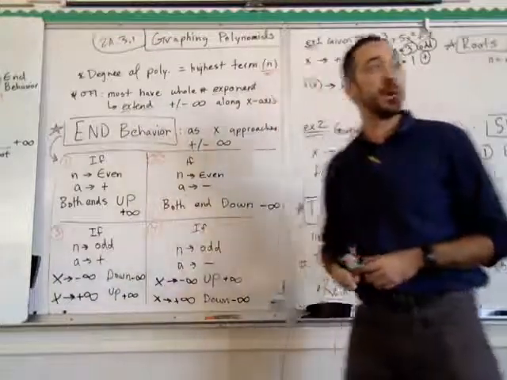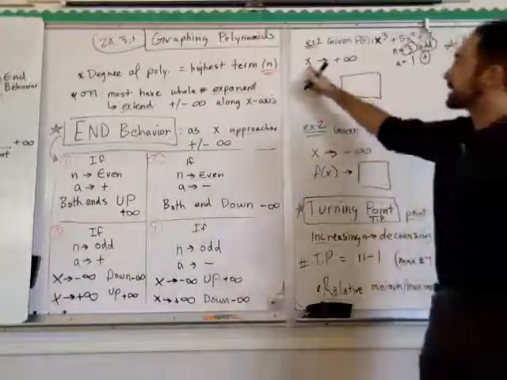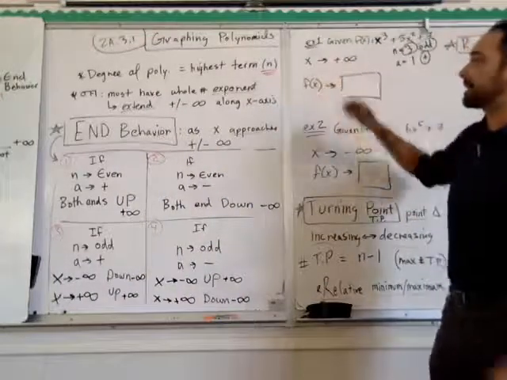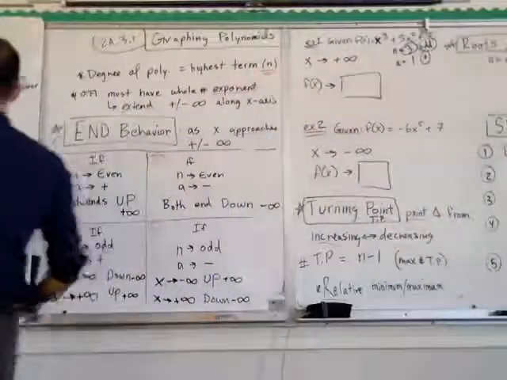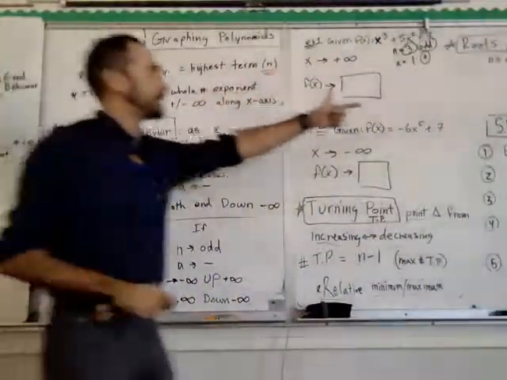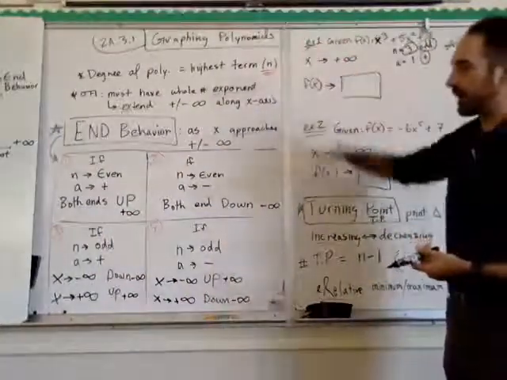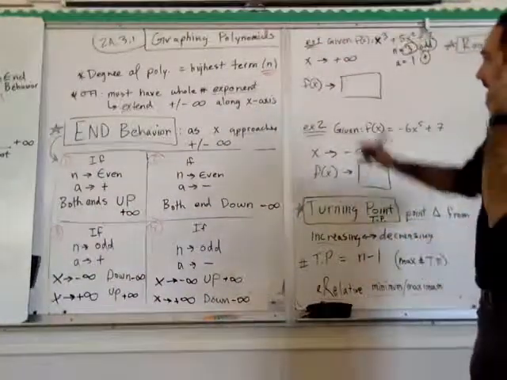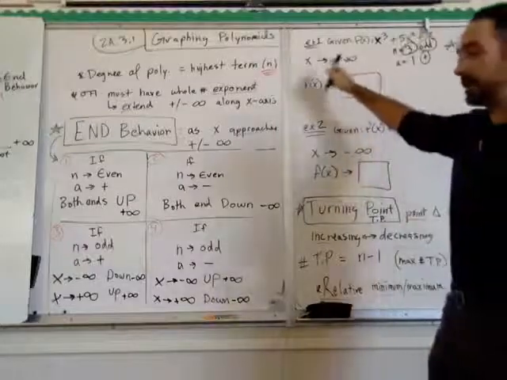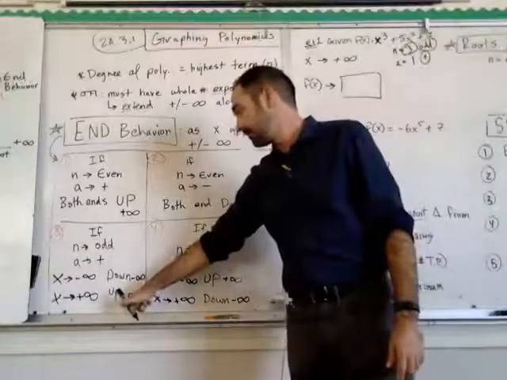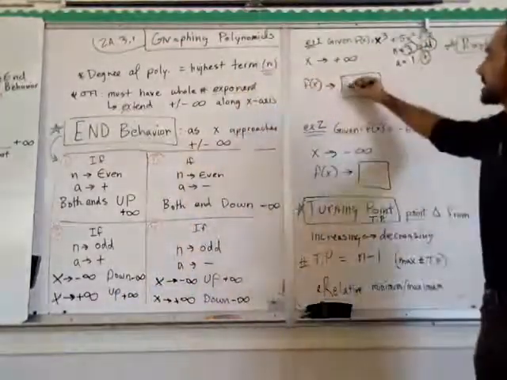Now watch, this is how I'm going to write it. As x approaches positive infinity, off to the right side, what happens with f of x, our y values, up or down? What do you say? As x approaches positive infinity, f of x approaches positive infinity.